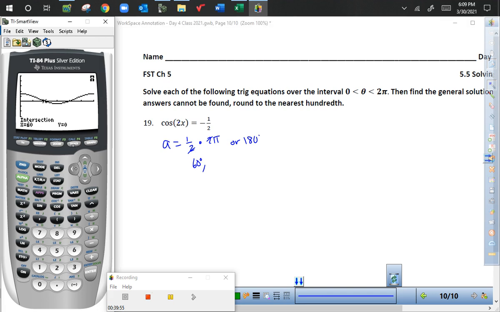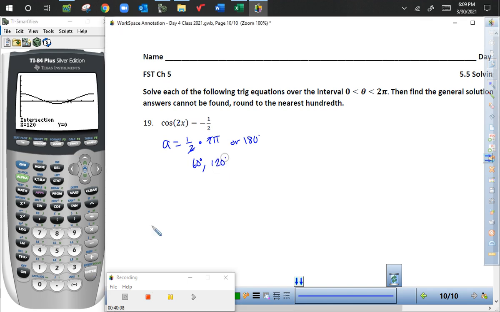Second one, and at 120. Change them to radians, pi over 3 and 2 pi over 3.